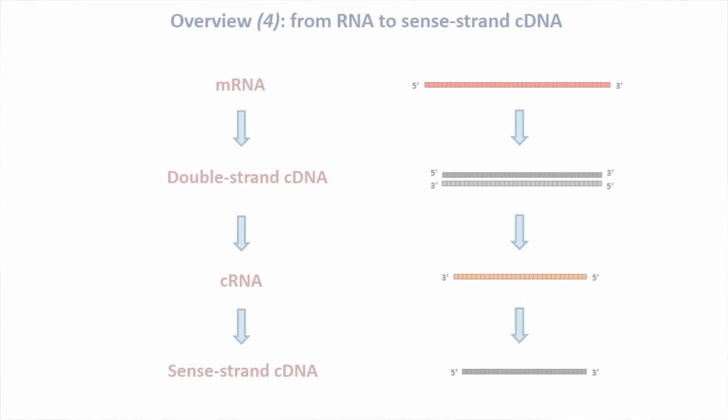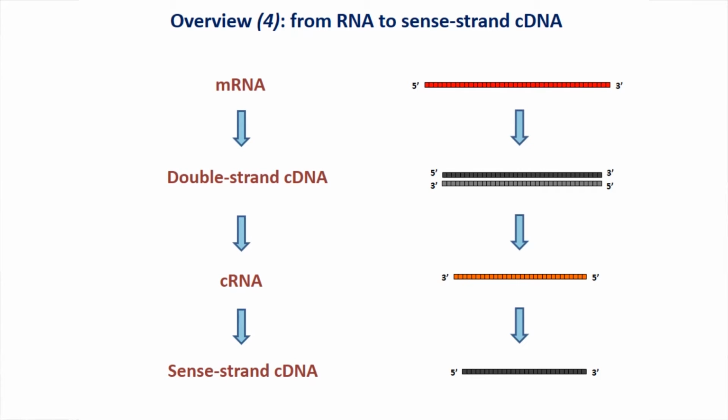The procedure for Human Transcriptome Array 2.0 is summarized in the following slides. In this protocol, total RNA is first reverse transcribed to double-strand cDNA. The cDNA is converted into antisense cRNA by in vitro transcription. Antisense cRNA is then reverse transcribed into a single-strand sense cDNA.